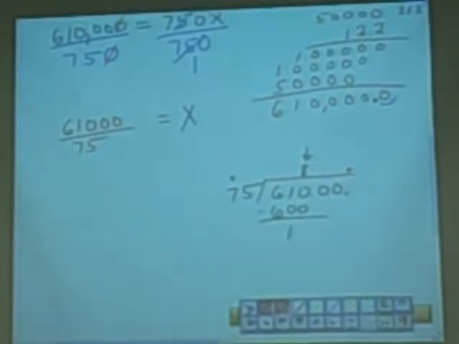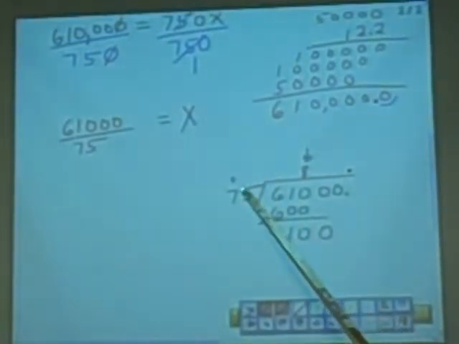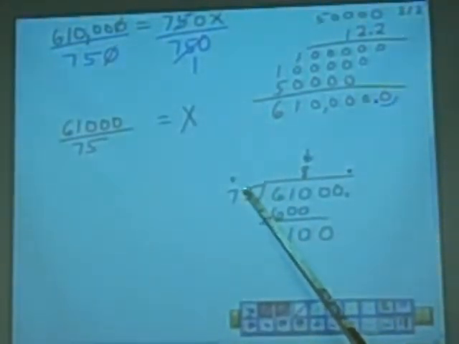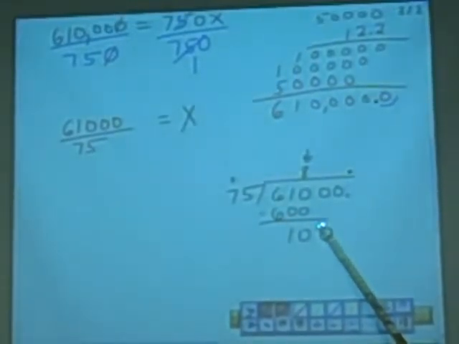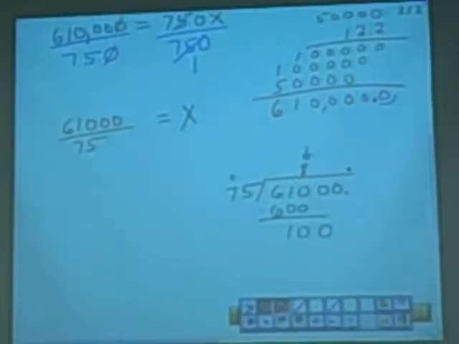So we're left with 10. 75 doesn't go into 10, so we guessed right with the 8. Bring the 0 down, and we estimate again. What are we going to estimate this time? 7 divided by 10, that only goes once.